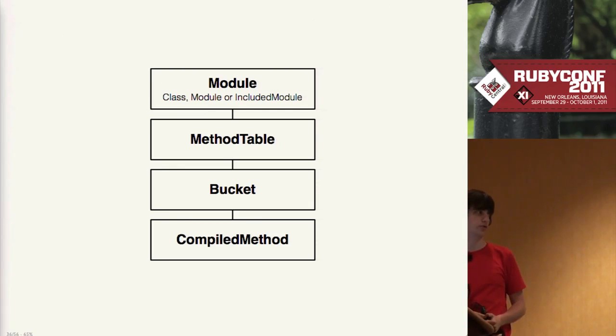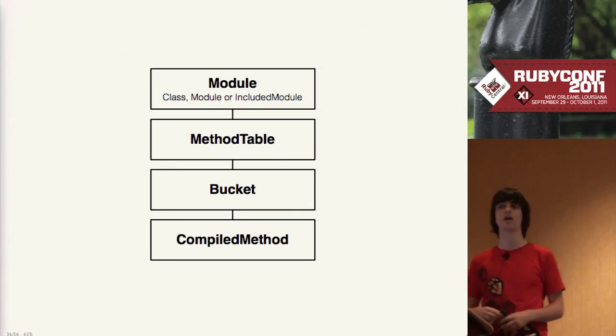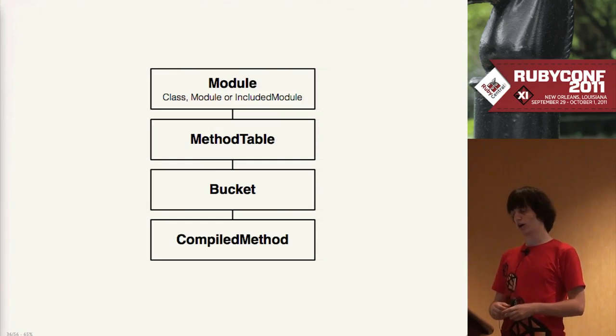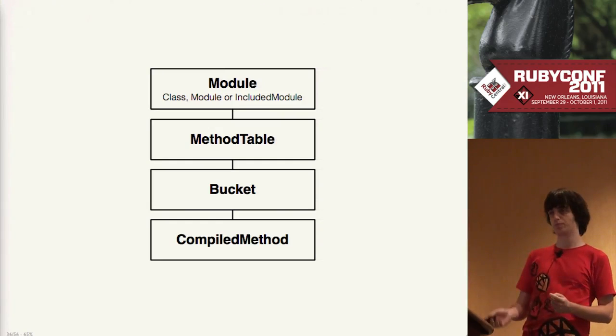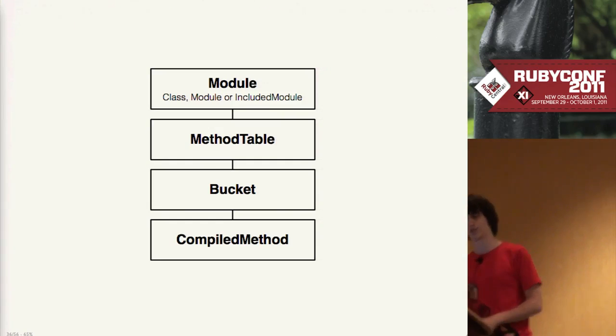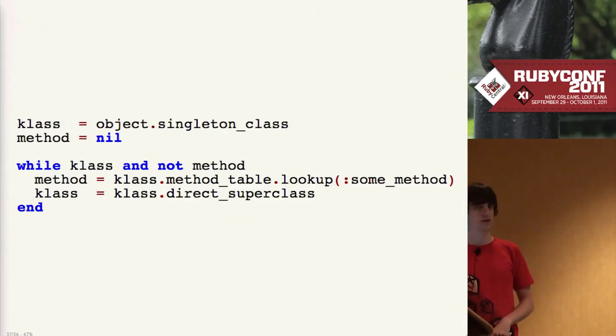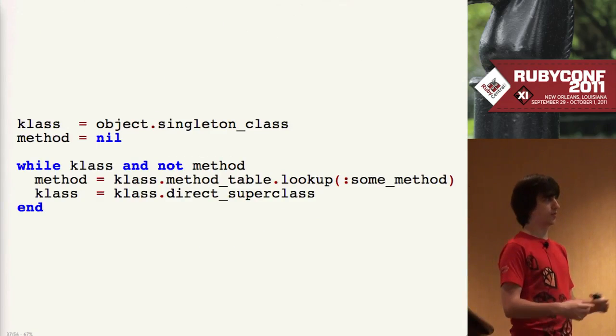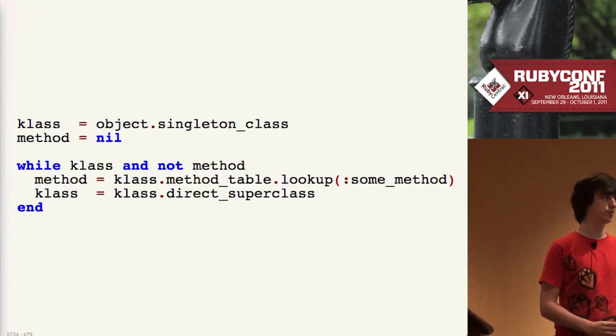And for every method, there is a bucket, which has some metadata, and it references a compiled method, which is basically the bytecode representation of a method. And the fun thing about Rubinius is that you can actually play with that from within Ruby.